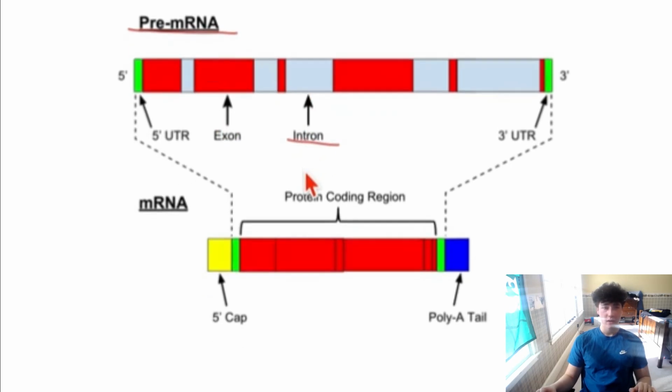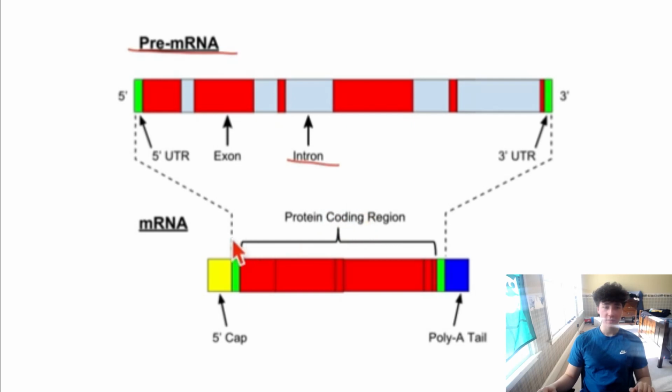spliceosomes. Now, once we get rid of the introns, so once we're left with all exons, which are the coding segments, we're going to need to attach something called a 5-carbon cap, which is going to attach to the 5-carbon end of the mRNA, and the poly A tail will add to the 3-carbon end.